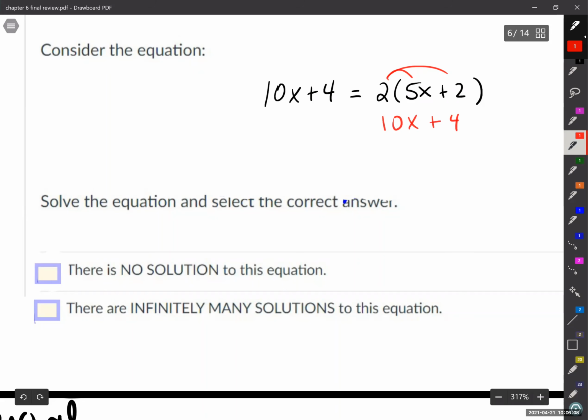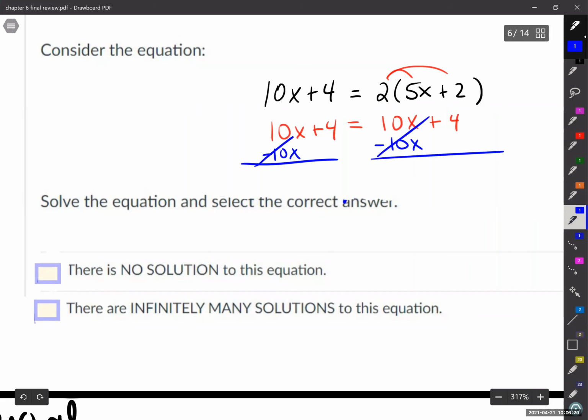That's a hallmark for being infinitely many solutions because they're actually the same thing, just slightly disguised. Whenever we subtract 10 from both sides to move the 10x over, the x terms cancel each other, and we're just left with the true statement 4 equals 4. So we'd say there are infinitely many solutions to this equation.